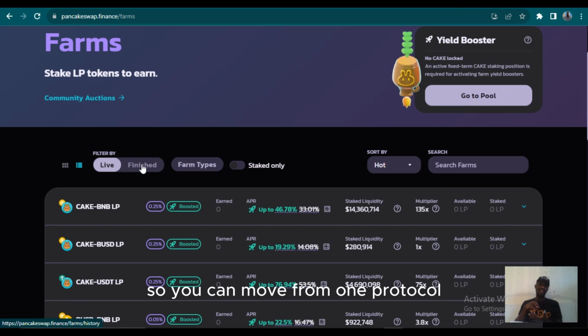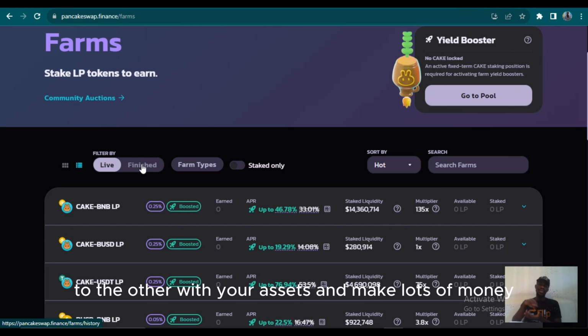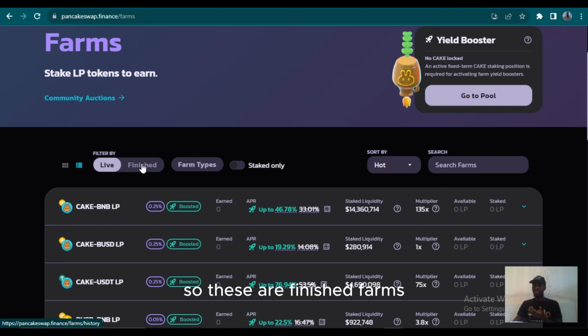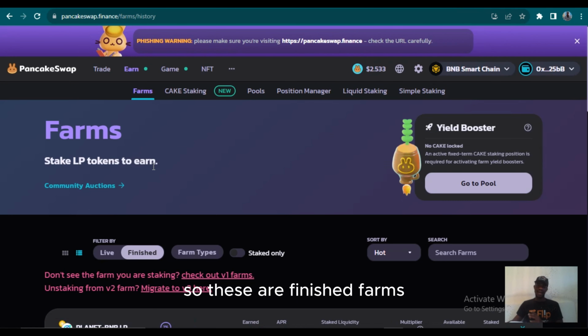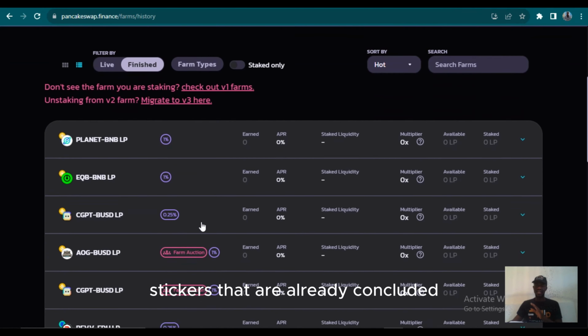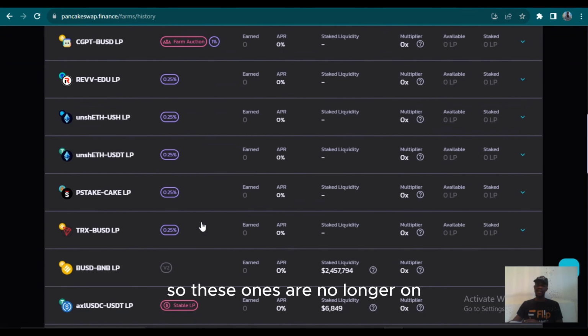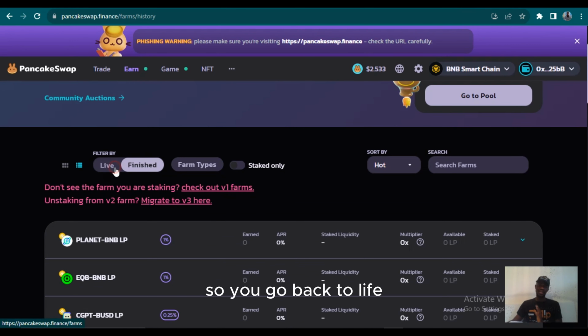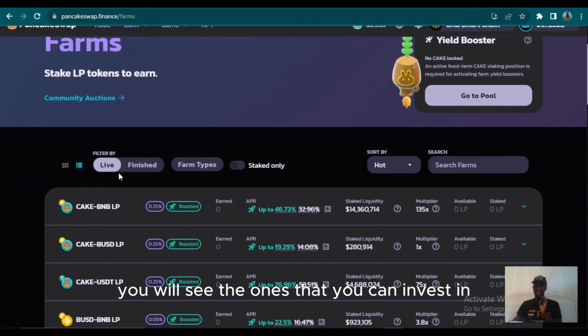So you can move from one protocol to the other with your assets and make lots of money. These are finished farms. If you check here, you'll see stakings that are already concluded. These ones are no longer on. So you go back to live, and you will see the ones that you can invest in at the moment.